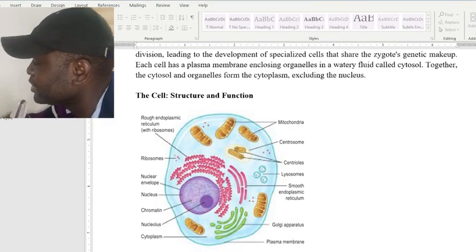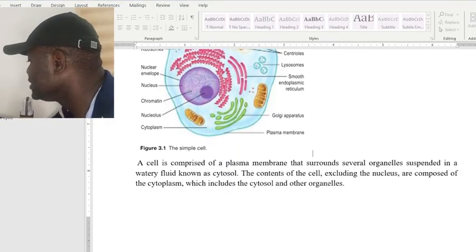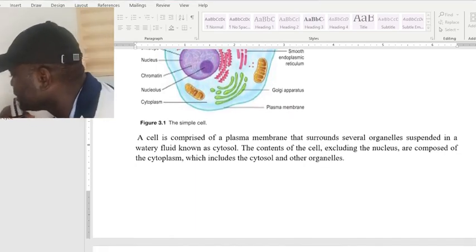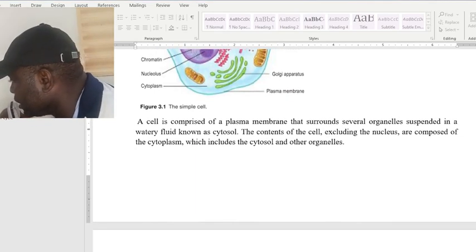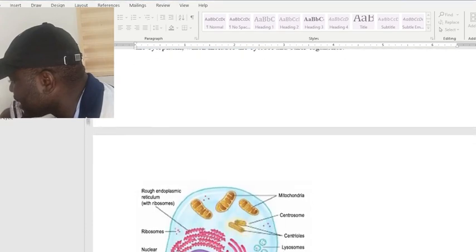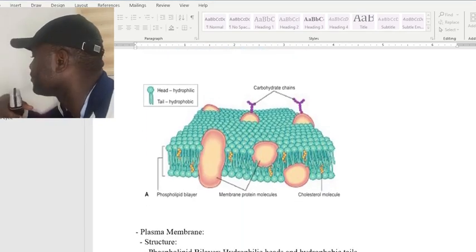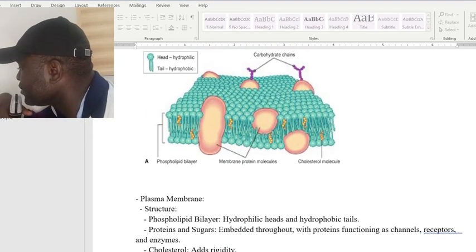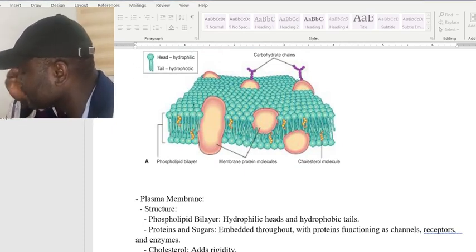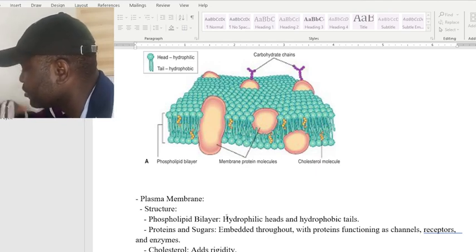The plasma membrane is a phospholipid bilayer. This is a layer, this is another layer. All these round figures are the heads of the phospholipids, and the head is hydrophilic, meaning that it loves water, while the tail is hydrophobic, meaning the tail hates water.